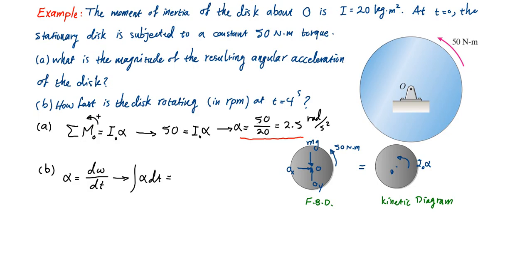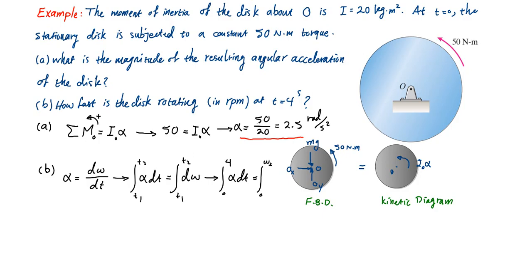Just move things around and take the integral, from T1 to T2. The motion starts from 0, stationary, and ends at 4 seconds. Alpha dt is equal to, it goes from 0 to the angular velocity that I'm looking for. I'm going to call it omega 2.